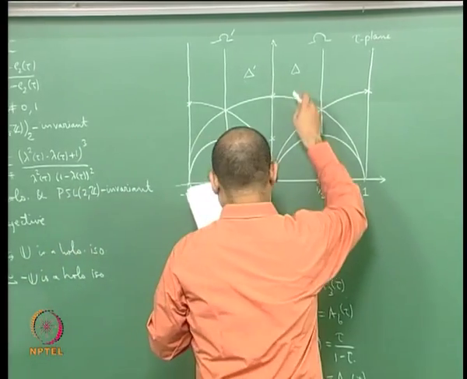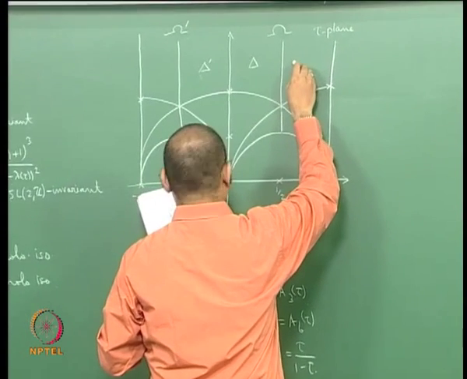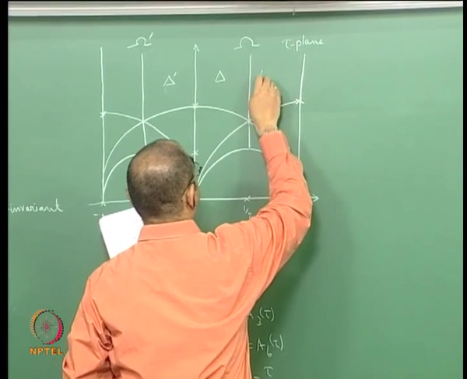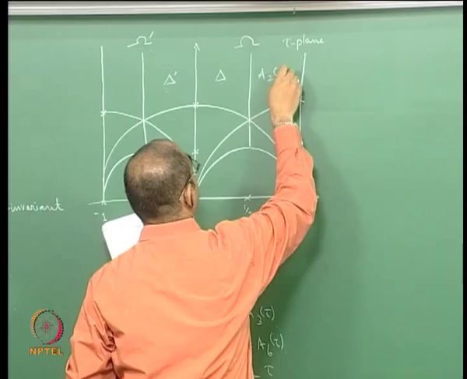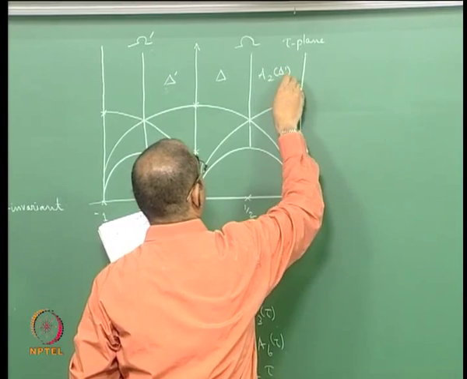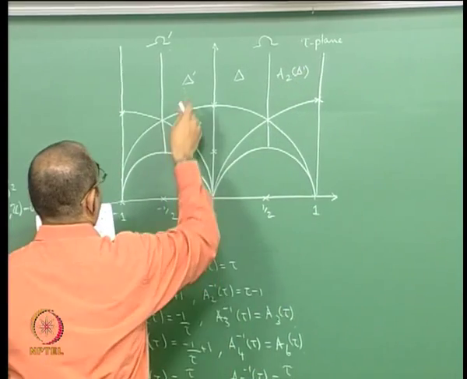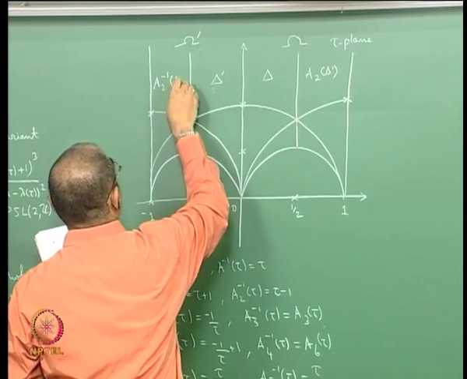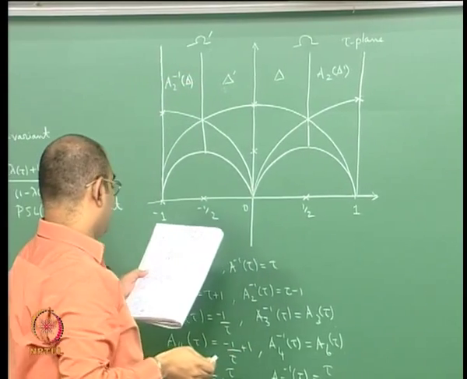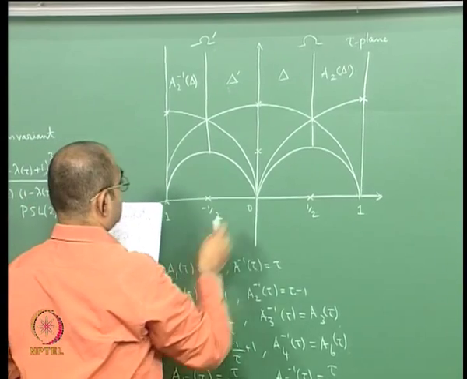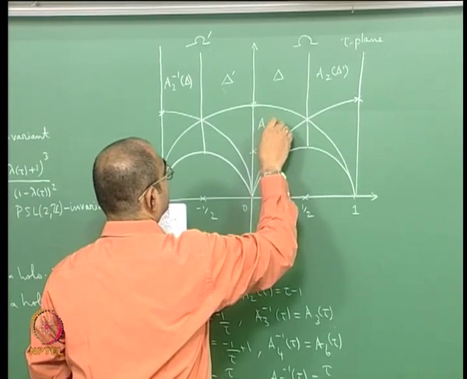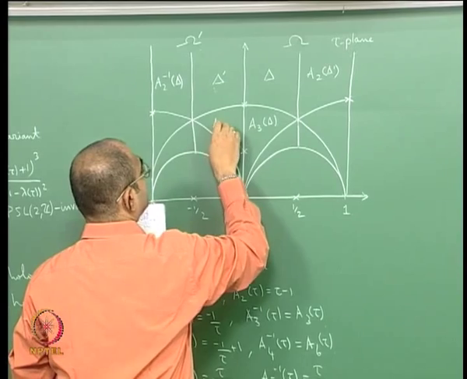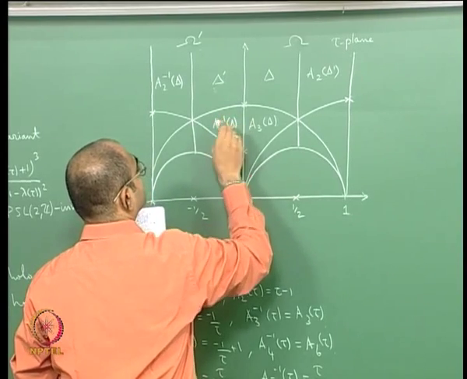So this is delta, this is A2 of delta, this is A2 of delta prime, and this is A2 inverse of delta. Okay, and this is A3 of delta, and this is A3 inverse of delta.